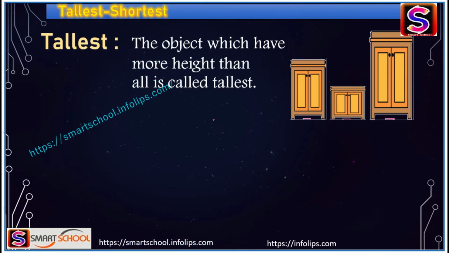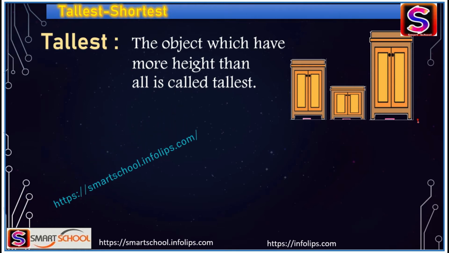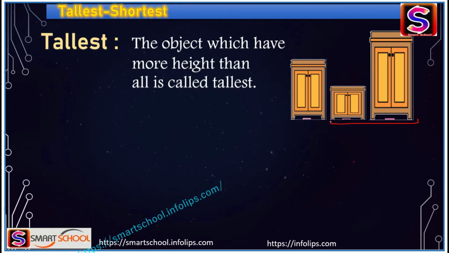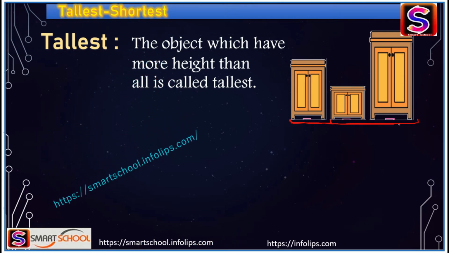So whenever we say tallest, we should compare more than two objects. It should be more than two. If it is only two, then it is tall or short. If it is more than two, then it is tallest or shortest.